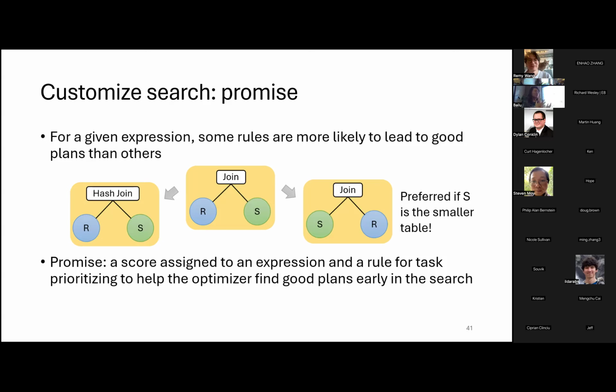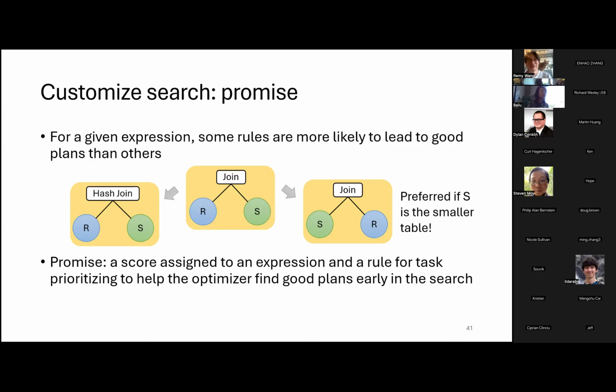So the promise is a concept where you assign a score to the pair of an expression and the rule that is going to be applied to it, so that when we're scheduling tasks, we can first explore the tasks that are more promising than the others.